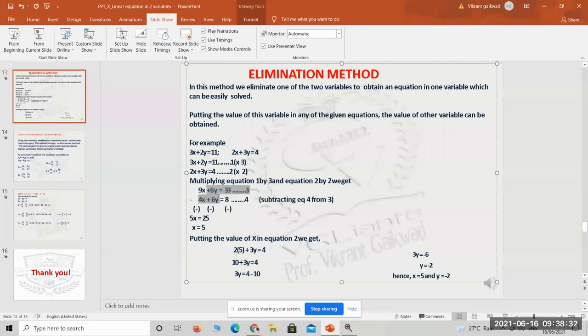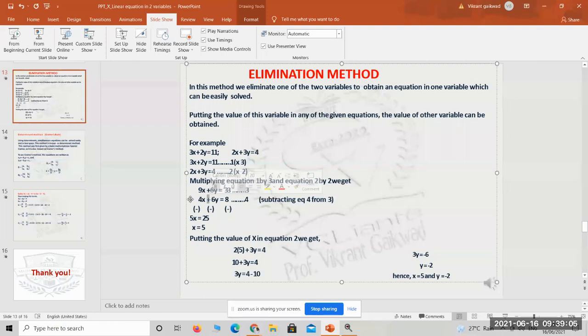The coefficients of y, 6 and 6, are the same now. Because 6y and 6y are the same. The elimination method basically tells you that you have to make any one coefficient the same because cancellation becomes easy. Both have a plus sign with them, so you subtract.